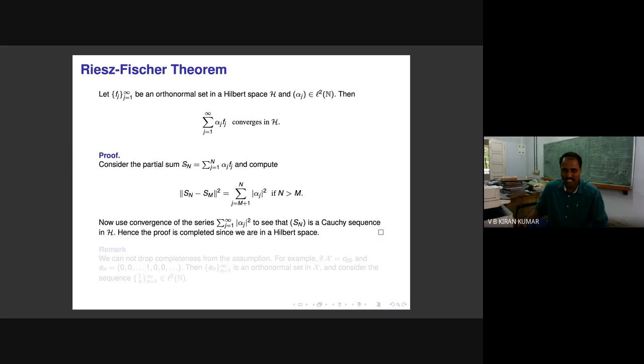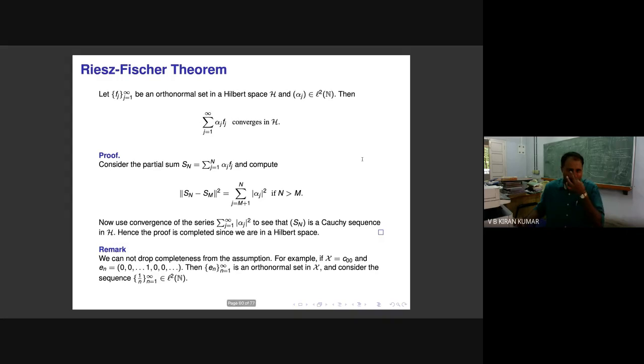You take the partial sums and compute the norm of S_n minus S_m squared. You obtain that it is equal to the sum from m+1 to n of mod alpha_j squared. Here we use that alpha_j comes from L2N. Therefore this series is convergent, and this comes as the difference of the nth partial sums, so it will be Cauchy. Hence S_n is convergent. The proof is straightforward.